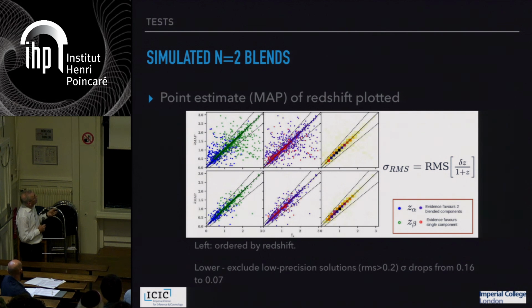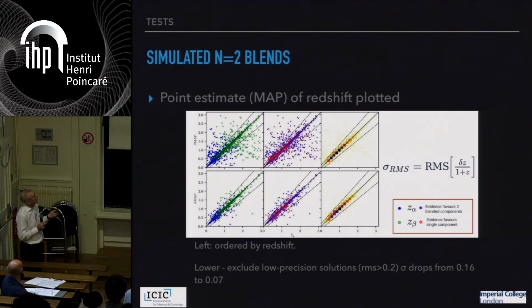And in the second panel over here, these are coloured by whether the algorithm thinks there's one source or two. So these are all double sources, but for some of them the flux ratio is very large, and the data don't support a second component.